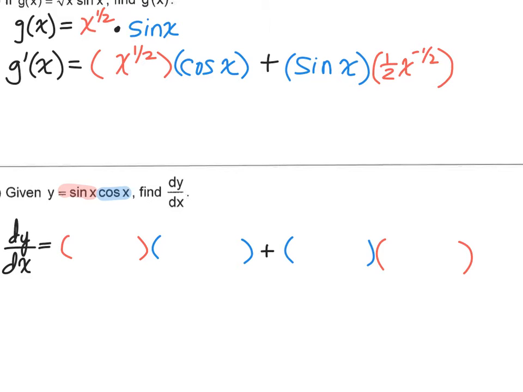All right, so what do we got? Times negative sine x, cosine x, cosine x. All right.